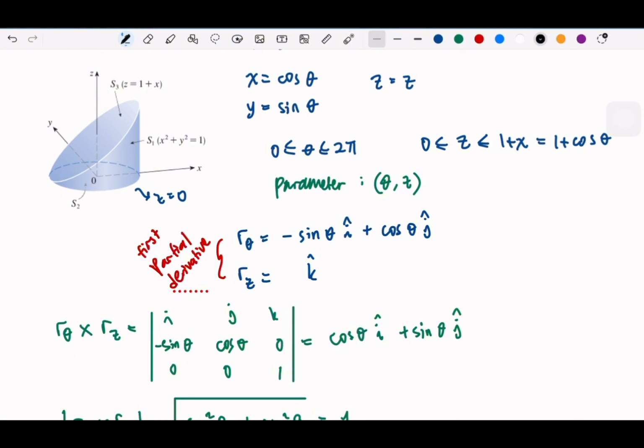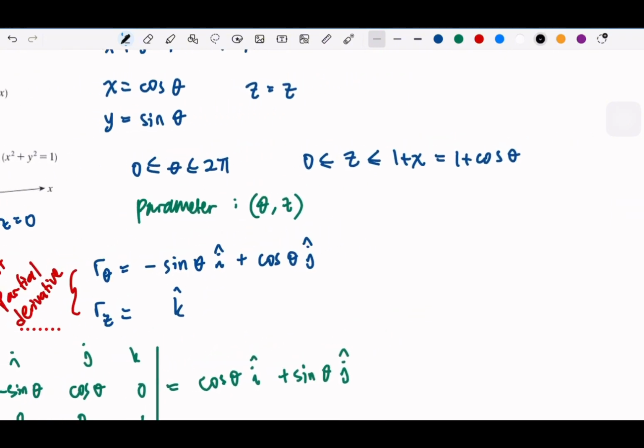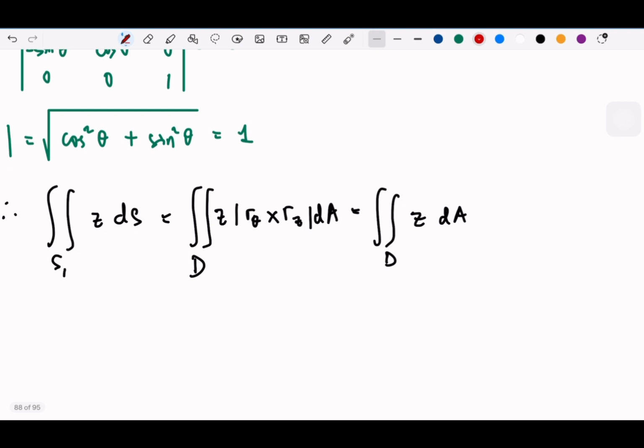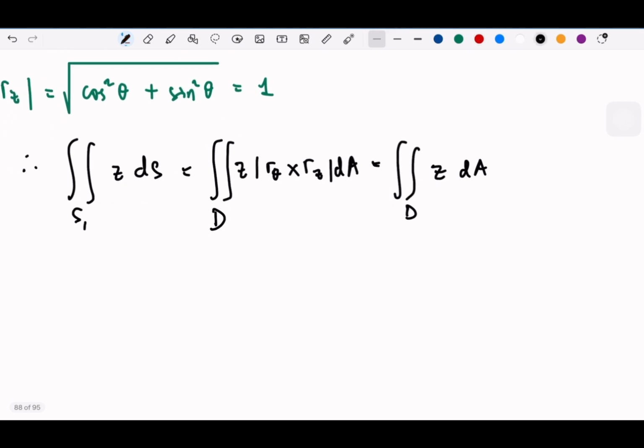So we could use these parameters for D. So we could take that circle from 0 to 2 pi, and then z is from 0 to 1 plus cos theta, z dz d theta.